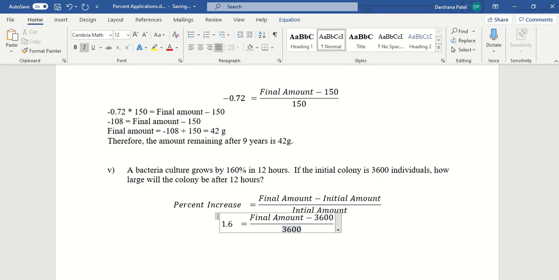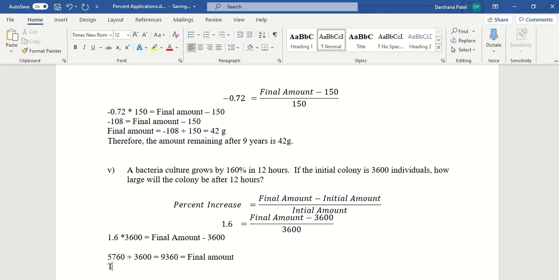So then we can say 1.6 times 3600 will be final amount minus 3600. So if we do 1.6 times 3600, and then bring 3600 to the left, adding 3600 to both sides, we get 9360 as the final amount.